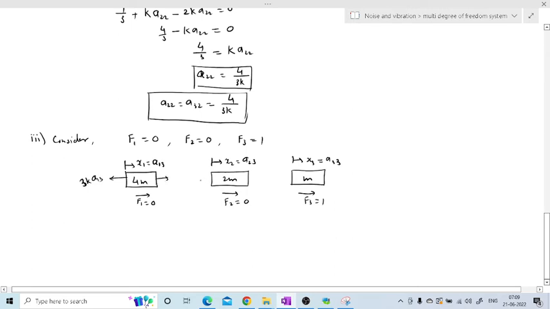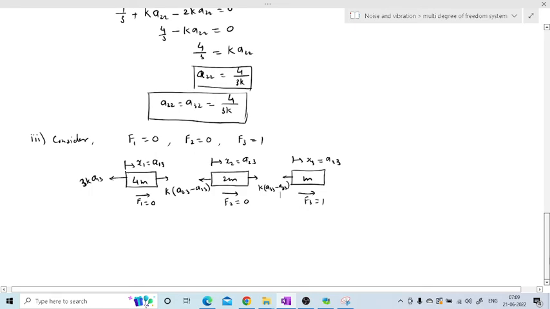Here, if x2 is greater than x1, the spring will be compressed, so we can write k, stiffness is k, into x2 minus x1. x2 is A23 minus x1 is A13. Here I can write k A33 minus A23. Okay, so this will be the spring force.